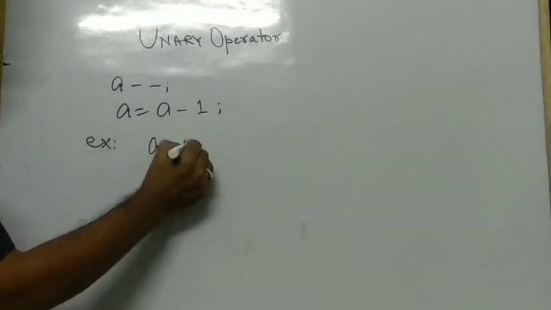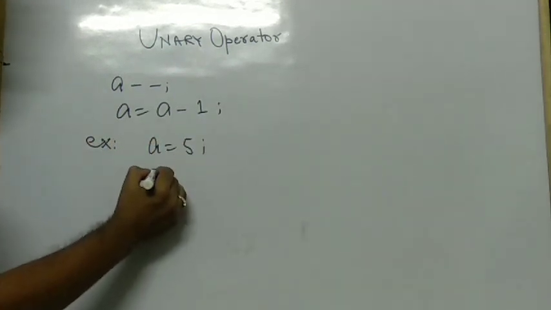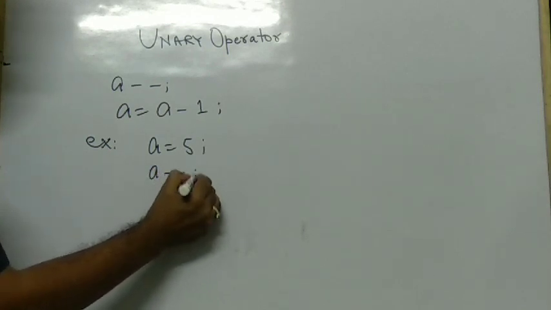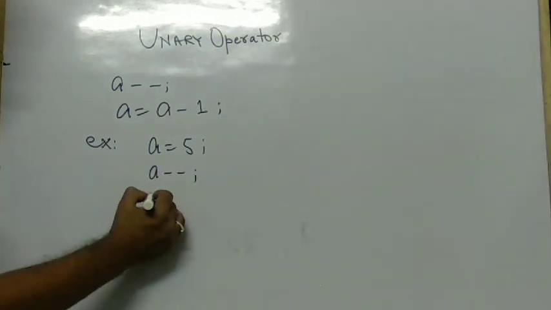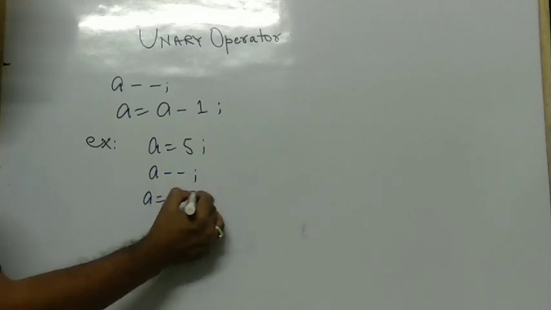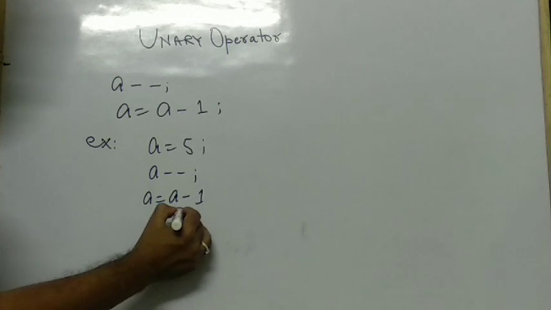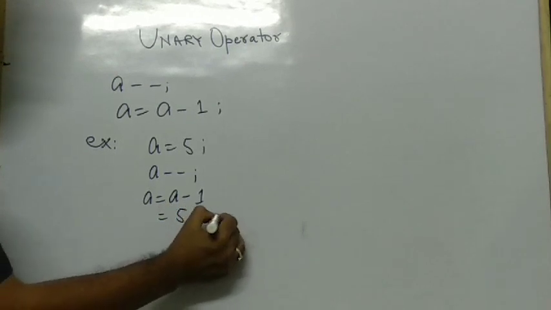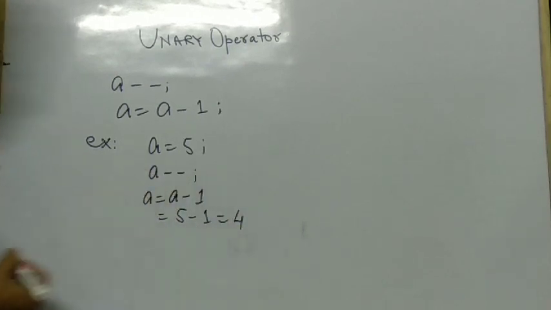If a equals 5 and I write a minus minus, what is the value of a now? a equals a minus 1, that is 5 minus 1, it becomes 4.